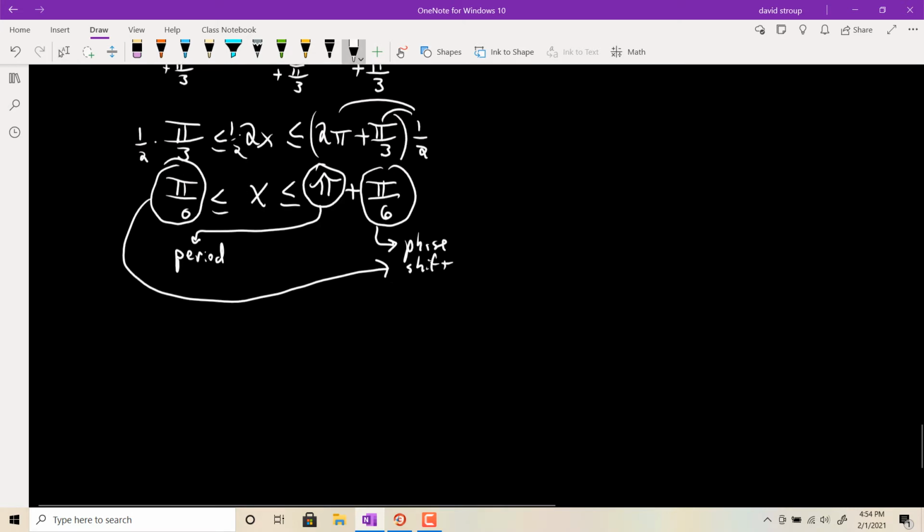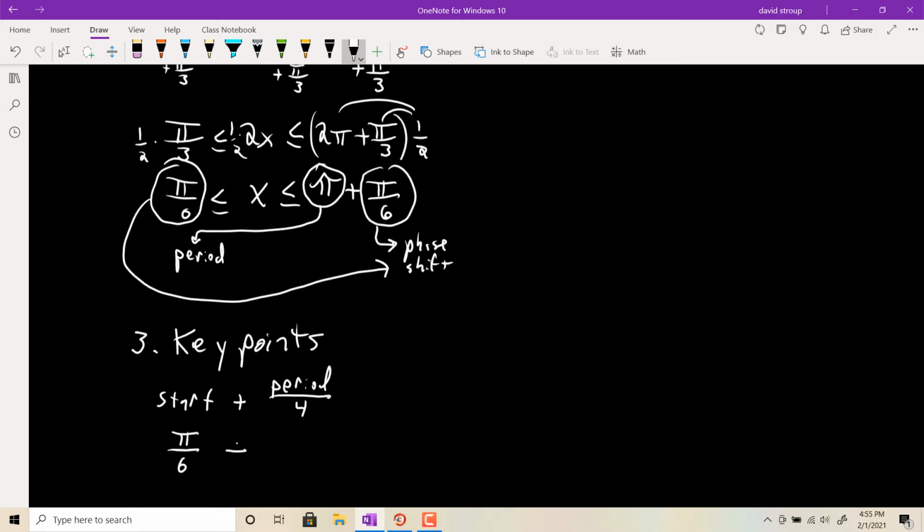So for your tick marks or your key points, you're moving by pi over 4, but you're starting at pi over 6. So you start at pi over 6, and then to get to your next tick mark, you would add the period divided by 4.